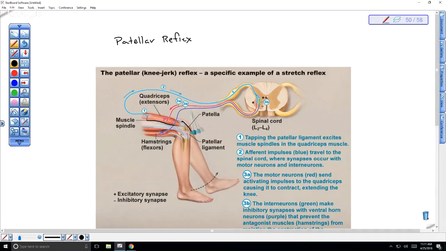So why do you think doctors do this? To test your reflexes, to test the health of your spinal cord, because if you have spinal cord damage, your reflexes are either going to be low, like you're not going to have reflexes, or actually what I discovered when I went to the doctor, I was hyper-reflexive.